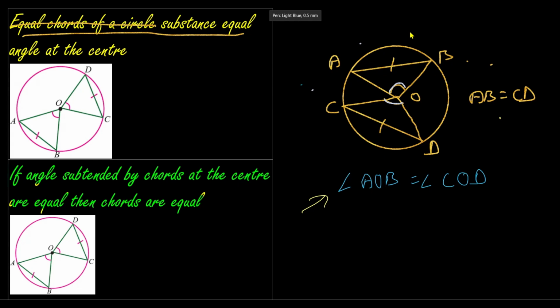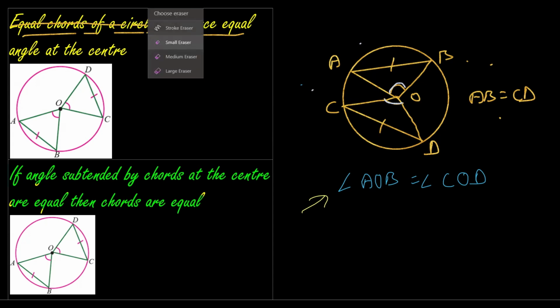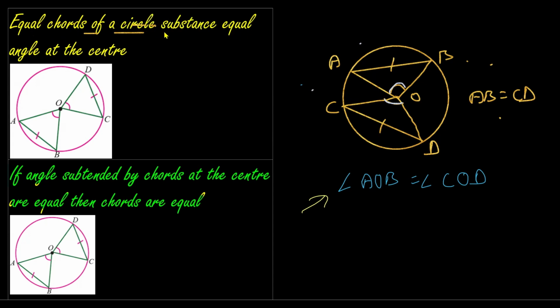This is not true only for a pair of chords; this is true for any number of chords in a circle. So one last time, it says that equal chords subtend equal angles at the center. And it's only at the center, not at any other point, inside or outside.